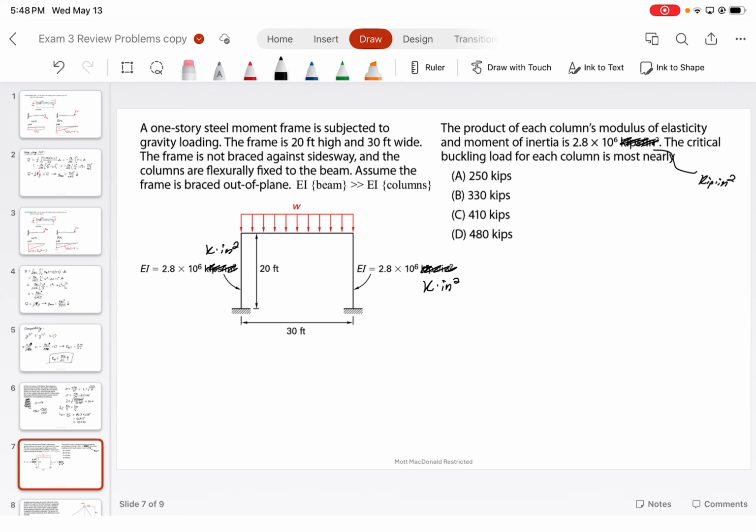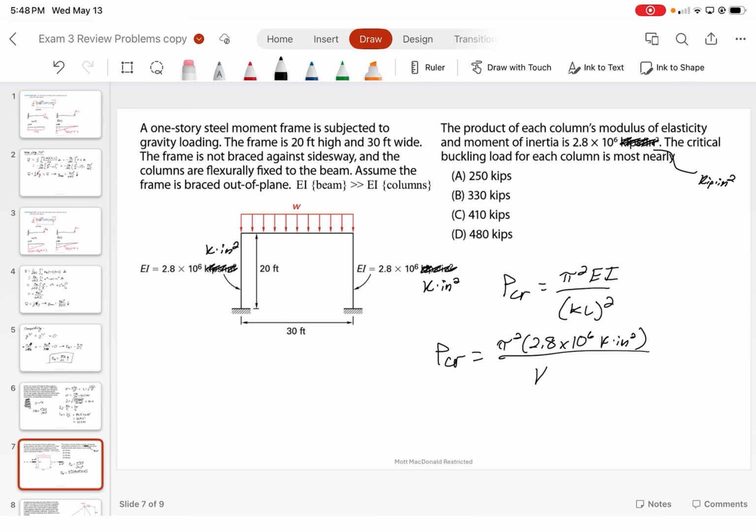So for this problem, it's as simple as just using P_cr equals pi squared EI over (KL) squared. P_cr is equal to pi squared times 2.8 times 10 to the 6 kip-inches squared divided by K squared times 20 feet times 12 inches per foot, squared.